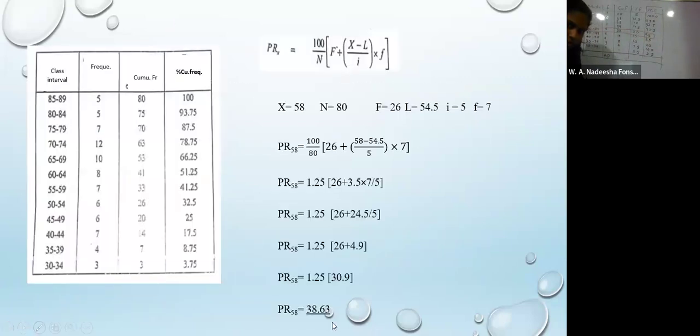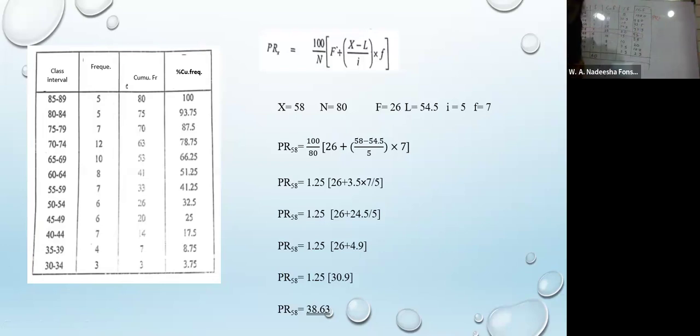Here the equation. Can you see? Yes. PRX equal.